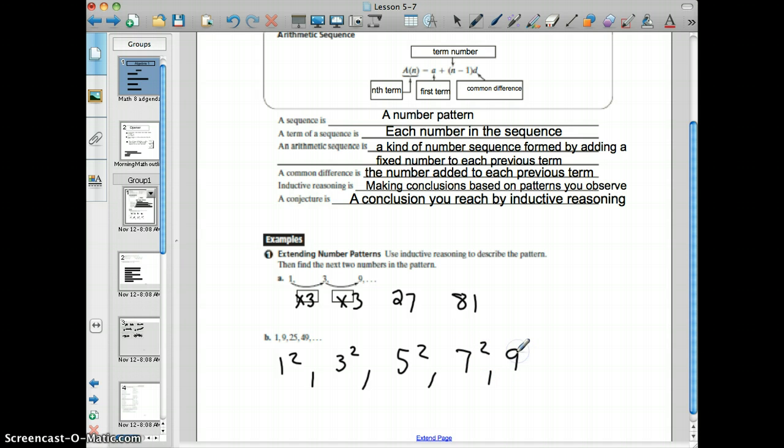So now we're looking at 9 squared, which is going to be the next number in the pattern, which is 81, and then 11 squared is 121. Oh, forgot my squared sign there. Okay, moving right ahead here.